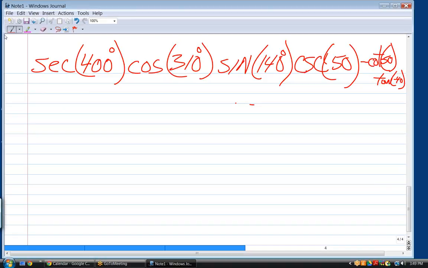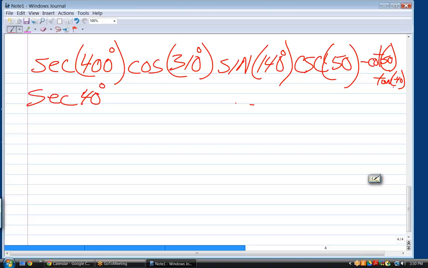We want to get it inside. How do you get an angle to be inside the unit circle? Subtract 360. Subtract as many multiples of 360 as you need to. Well, you only need to subtract one of them here. So this is the same as the secant of 40.